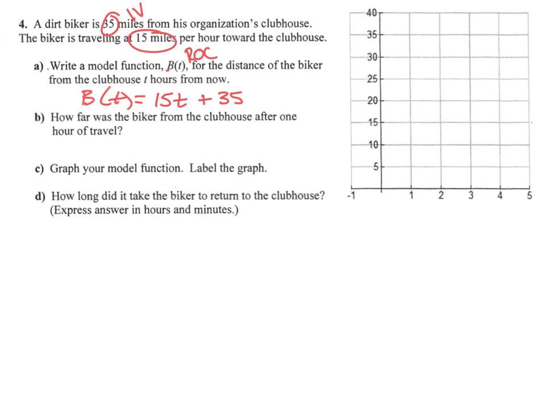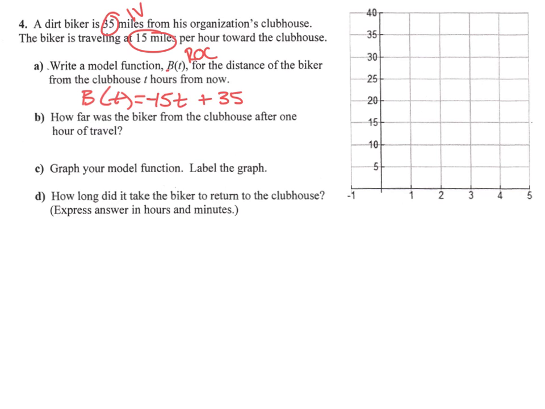Did anyone get anything different? Yeah. Okay. So what should I change here then? Yes, 15 should be negative. Okay. So b of t equals negative 15t plus 35.